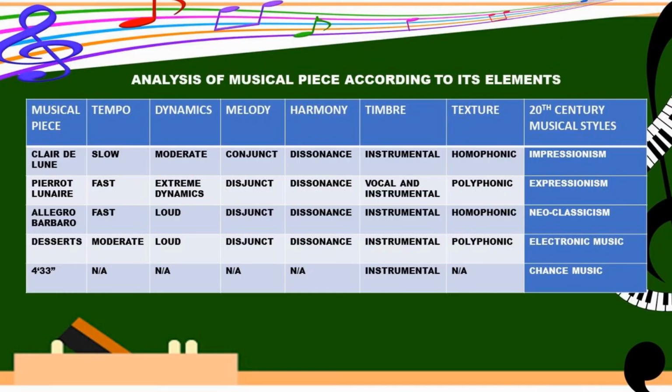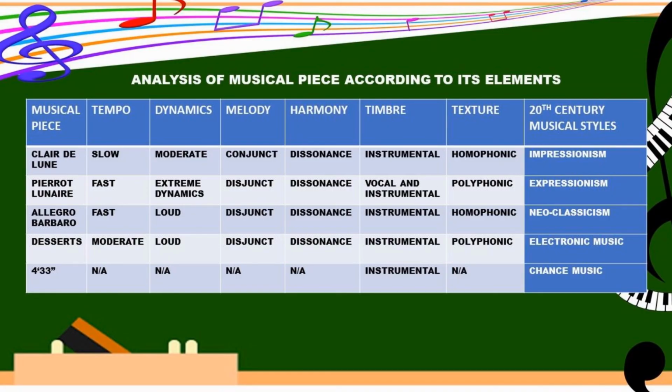Analyze the 4 minutes and 33-second composition made by John Cage. The tempo is not applicable. Same with the dynamics. Of course, including the melody and harmony.